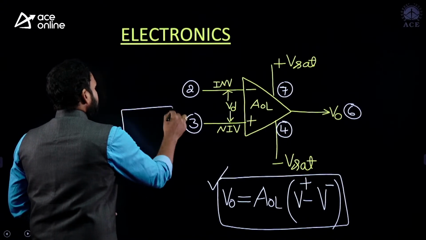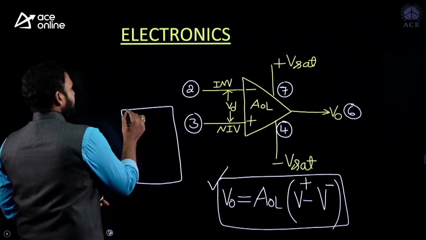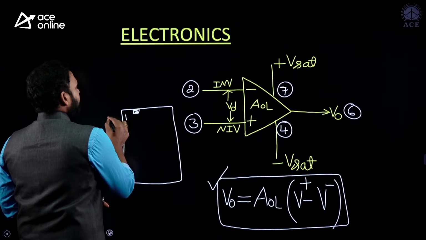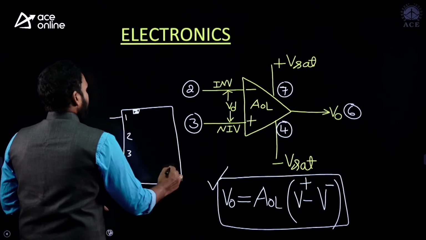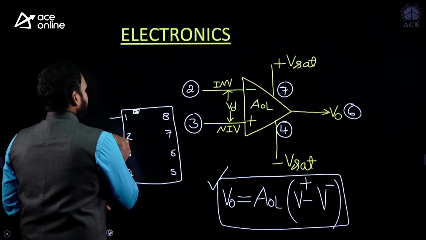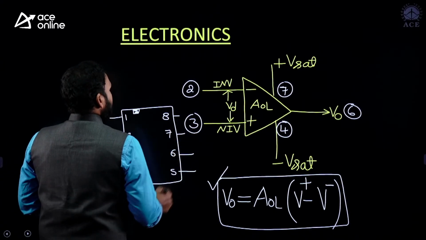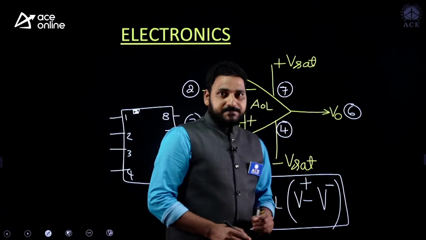You can find the IC 741 symbol like this. You can find a notch here. This notch represents the pin number 1, 2, 3 and 4, 5, 6, 7 and 8. So you need to focus on only the pin number 2, 3, 4, 7 and 6.